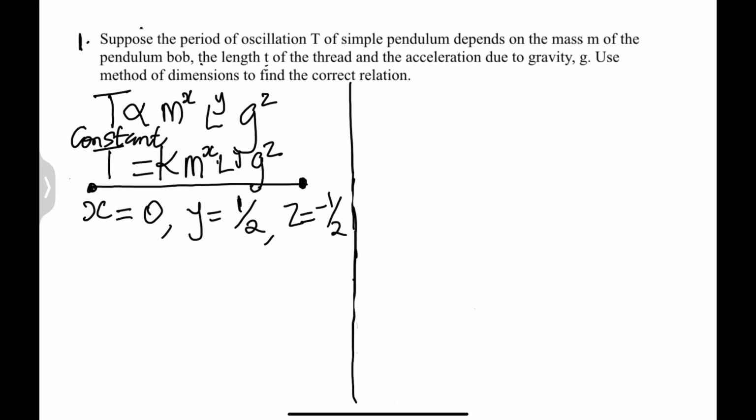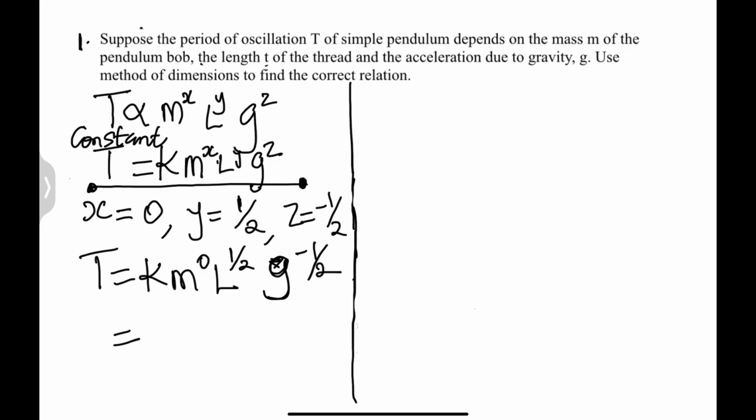So what we're going to do now is put in the values. So we have t is equal to k m raised to power 0, l raised to power half, and g raised to power minus half.